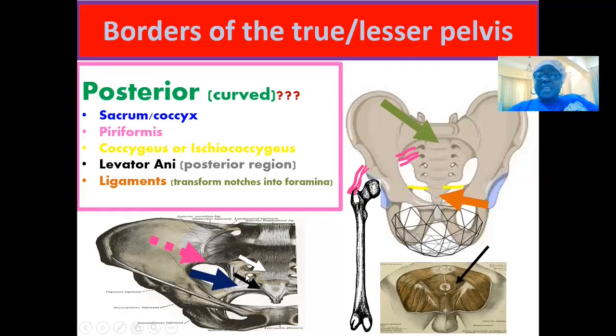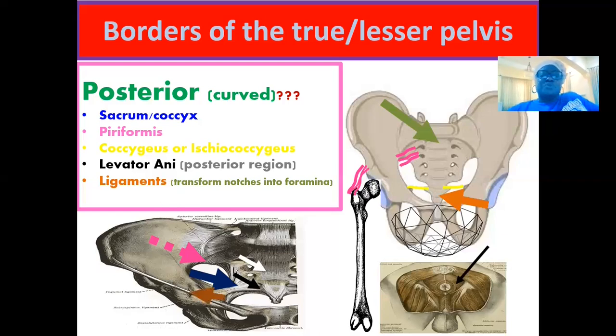But of course, specifically, it is the posterior region of this sacrospinous ligament that is seen to form this alignment. We know that the sacrospinous ligament transforms the greater sciatic notch into the greater sciatic foramen. Considering the pattern that it runs along this space, it transforms this indentation created around this region, which is referred to as the greater sciatic notch, into the greater sciatic foramen.